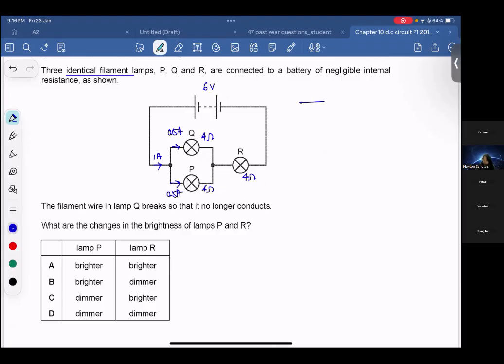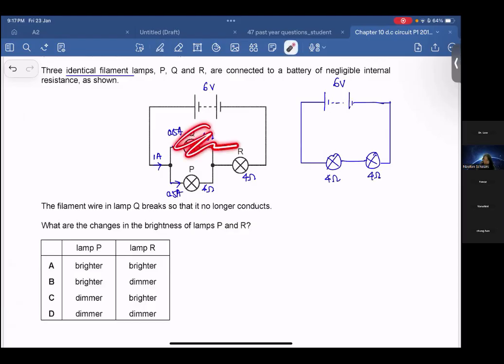Then if we continue here, since there is no Q anymore, we will be left with P at here and then R at here. Don't forget that the battery here still remains the same, which is 6 volt.